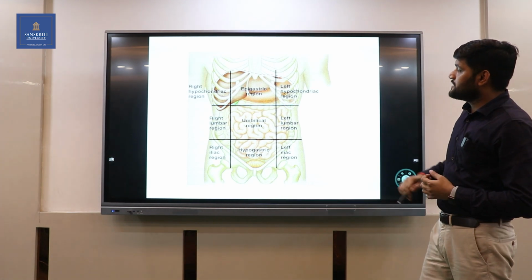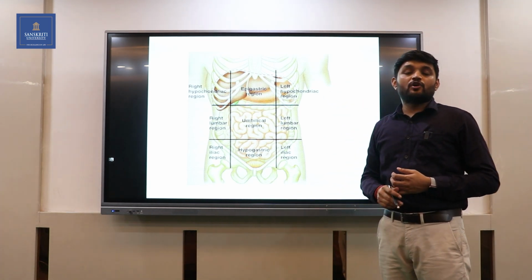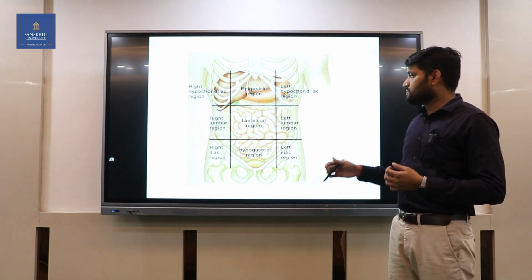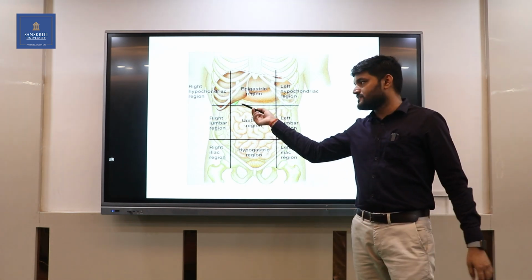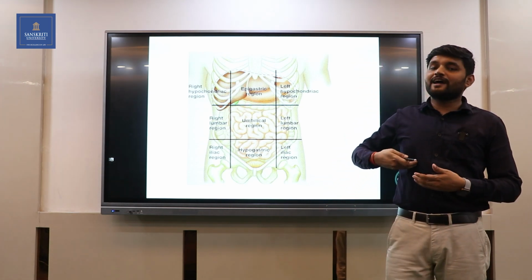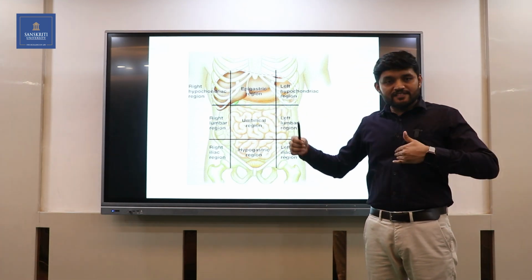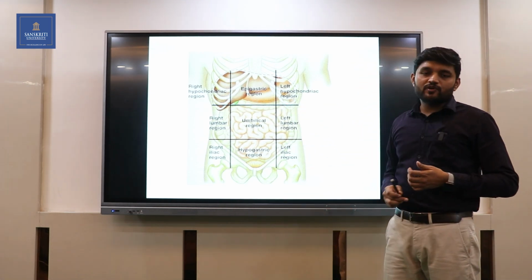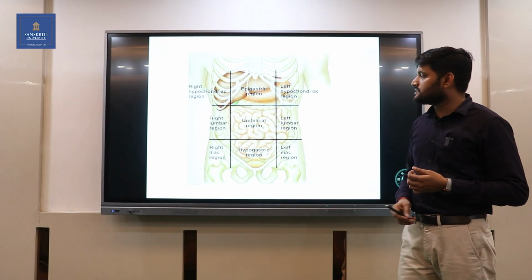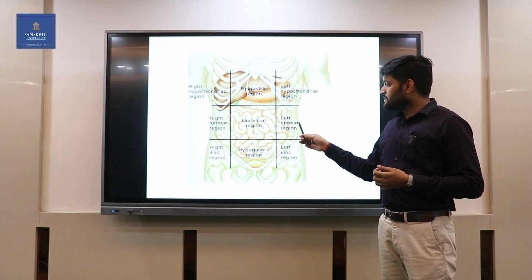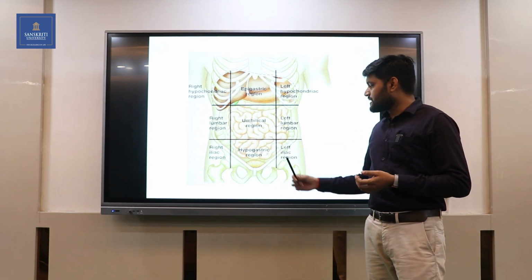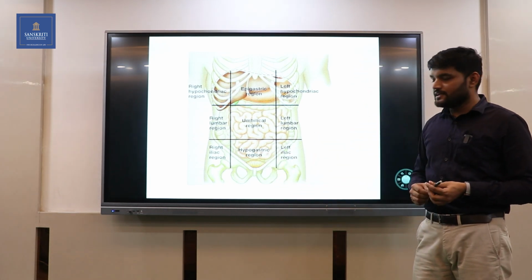Here this is the region of the abdominal cavity, the abdominal regions. So basically 9 regions are present in the abdominal region. Firstly, the right hypochondriac region, epigastric region, left hypochondriac region, and in the middle, the right lumbar region, umbilical region, left lumbar region, and the right iliac region, hypogastric region, left iliac region.